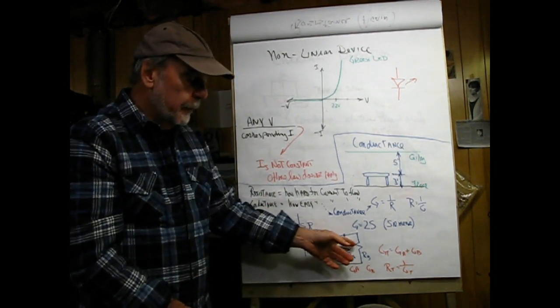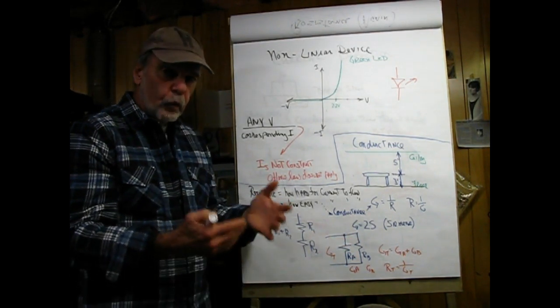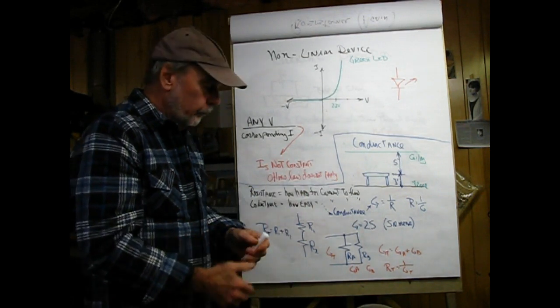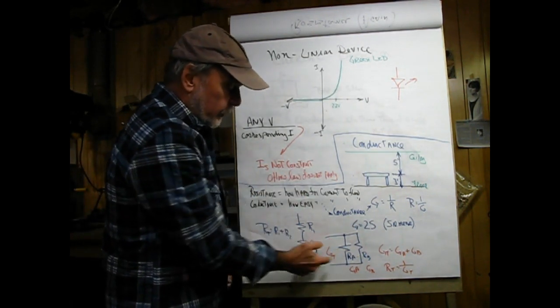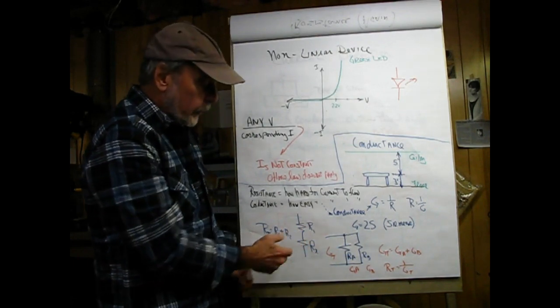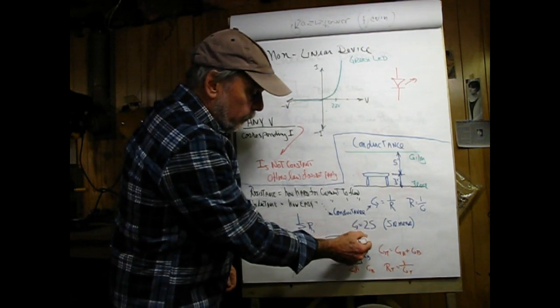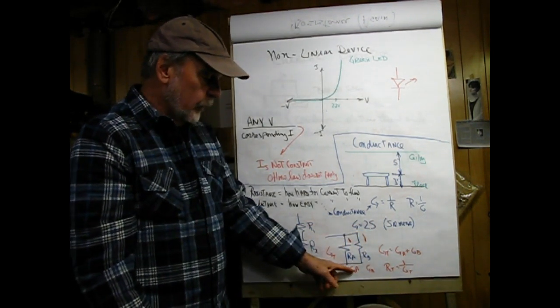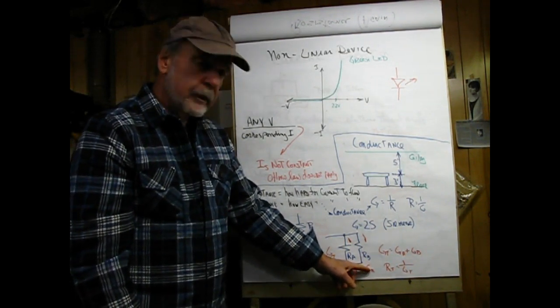Now, if I have them in parallel, right next to each other, and this is the way your house wiring lights are in parallel, I'm calling these RA and RB so as not to confuse them with R1 and R2. Each one of these will be conducting a current. And if we wanted to find out what that could be, we could say, well, what's the conductance of A, and what's the conductance of B?